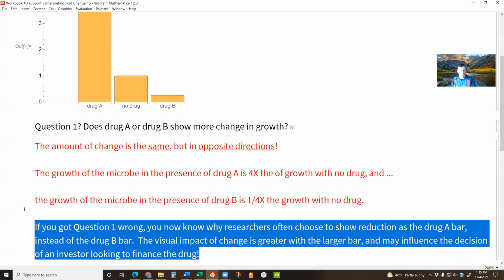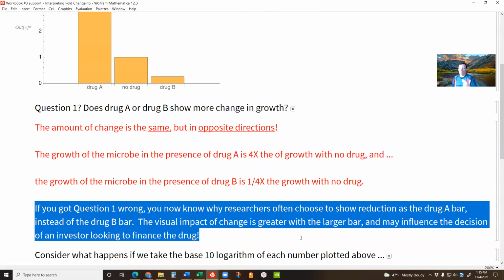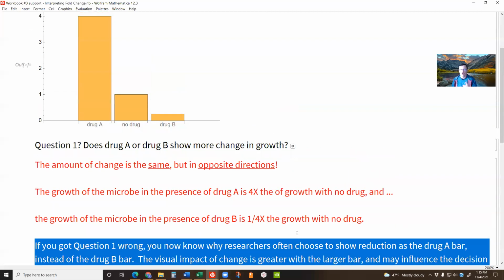If you got this question wrong about whether drug A or drug B shows more change in growth, then you now know why researchers often choose to show reduction as the drug A bar instead of the drug B bar. The visual, meaning psychological, impact of change is greater with the larger bar, is it not? We look at that larger bar as animals and say, well, that's a bigger difference, but it's not.